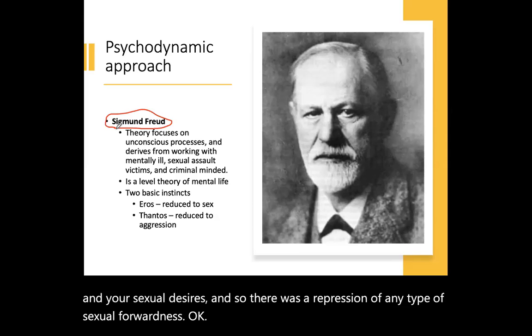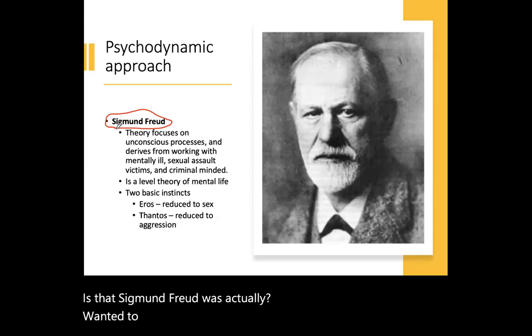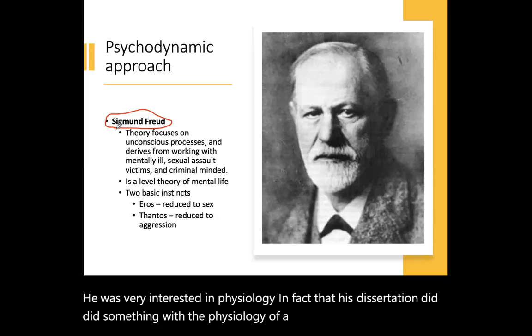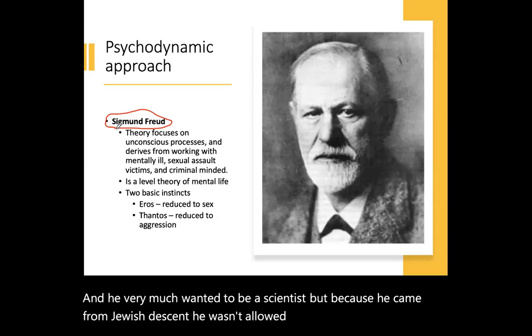And what he's going to come up with, let me back up just a little bit more, is that Sigmund Freud actually wanted to become a researcher. He was very interested in physiology. In fact, his dissertation did something with the physiology of a frog. And he very much wanted to be a scientist. But because he came from Jewish descent, he wasn't allowed into academia.